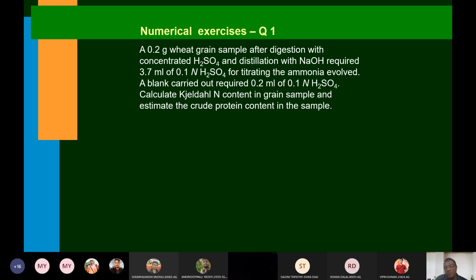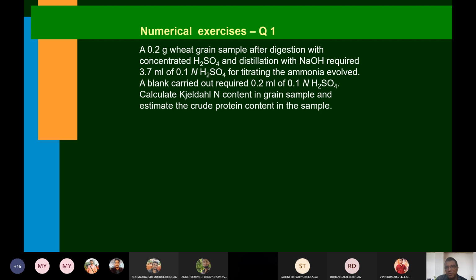So in this case, you have a sample. The weight of the sample is given. The concentration of titrant is also given. The standard acid is given, which is 0.1 normal. And the quantity consumed for sample is 3.7, and for blank it is 0.2 ml. So all this information is given to you.